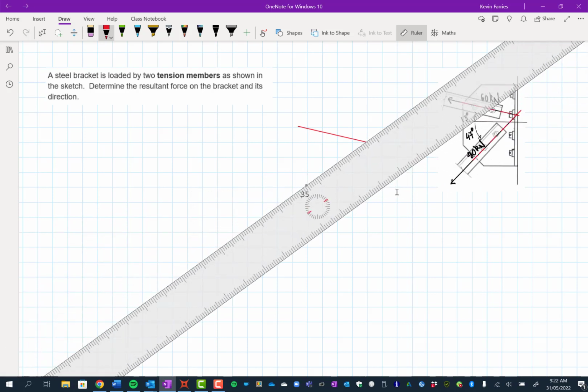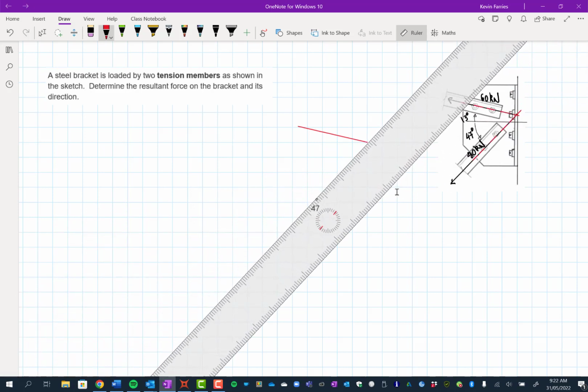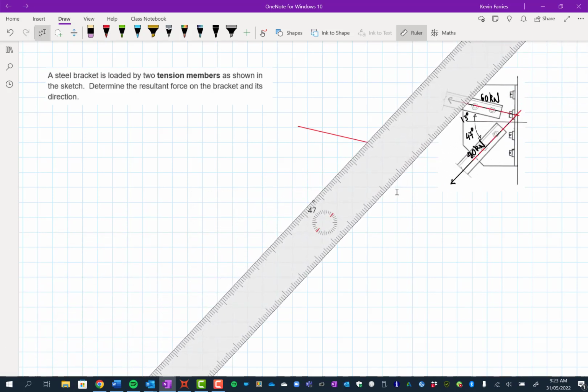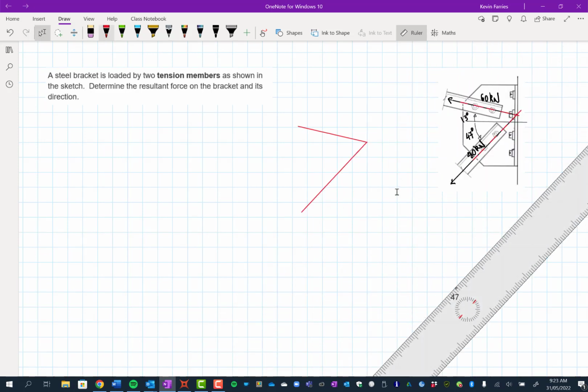This one's at 47 degrees. And we're going 80 kilonewtons. 10, 20, 30, 40, 50, 60, 70, 80. Okay, we'll just add the direction that those are going in.